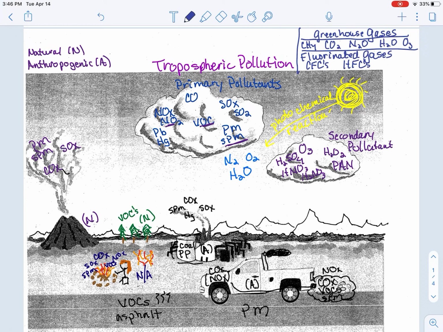And those are only lasting like tens of years. So not quite as bad as the ones before. And we'll talk about some of the sources for each one of these greenhouse gases later. But remember, they are not pollutants necessarily. In fact, the only one that's considered to be a pollutant is that one right there. Okay, that's it.